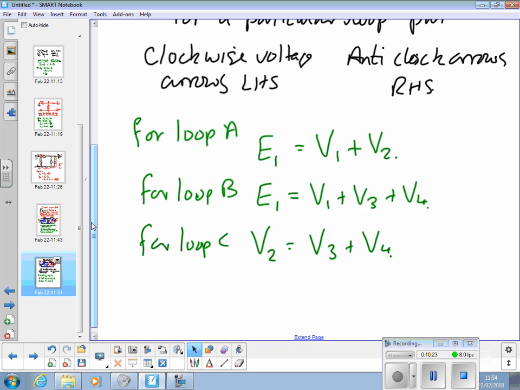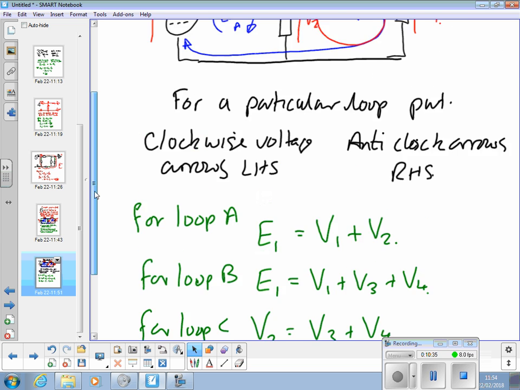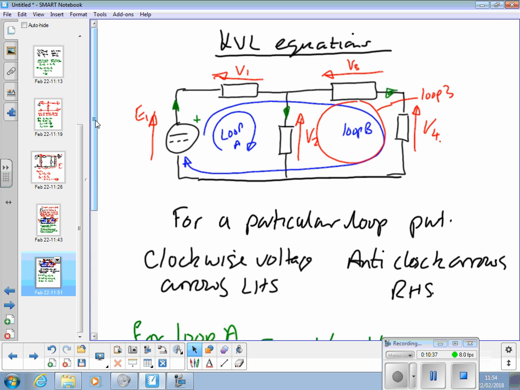So from those three equations, we're talking about that loop. This volt drop here, V2, is the source to those two resistors, regardless.